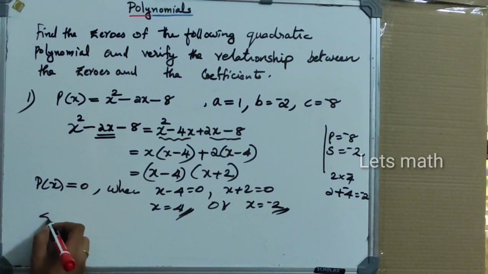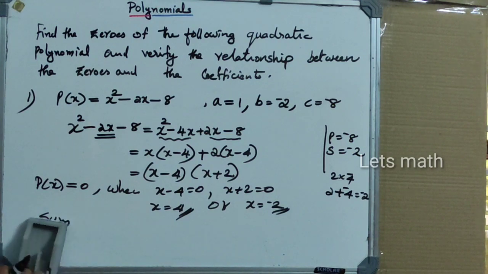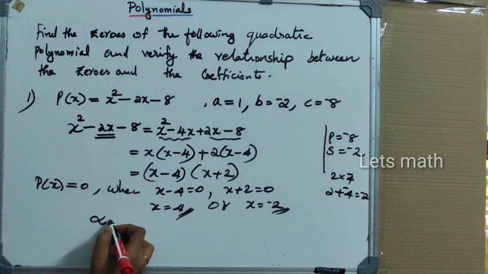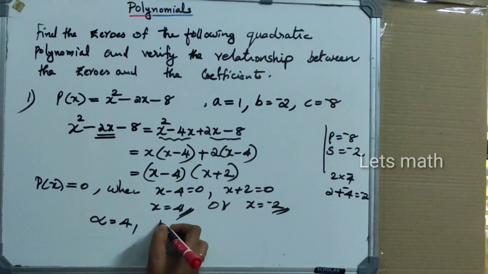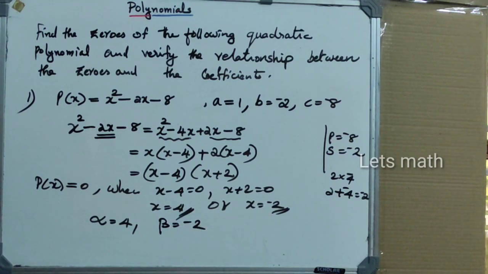Again, we will find the sum of the zeros. We can mark them with letters. So alpha equal to 4, one of the zeros you can take as alpha. So let alpha equal to 4 and beta equal to minus 2. Now find the sum of the zeros, alpha plus beta.